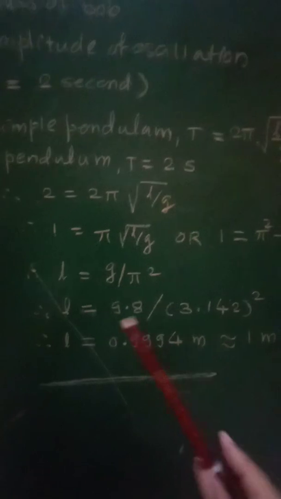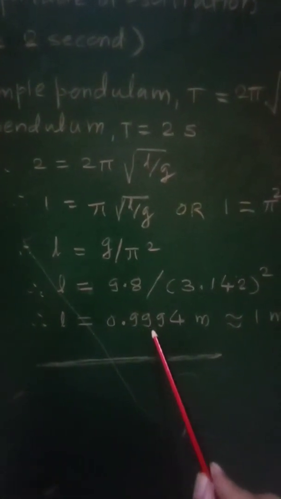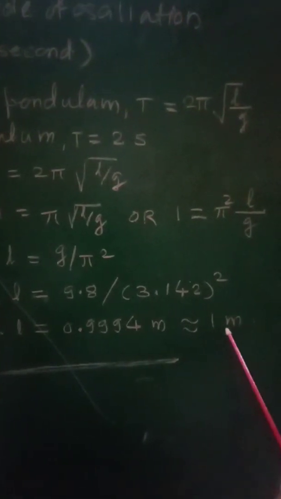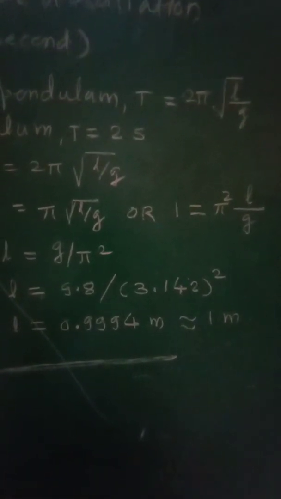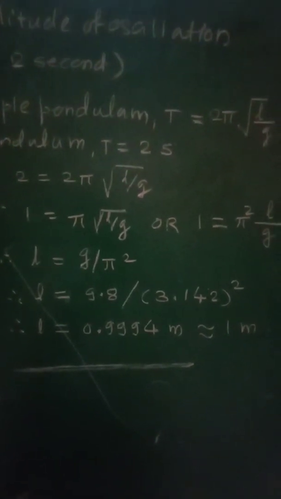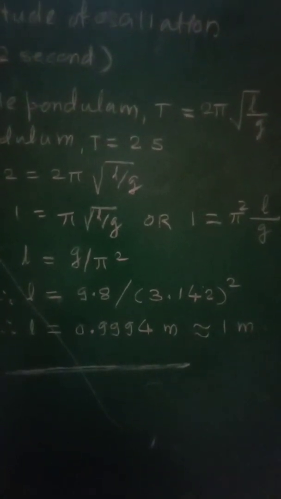If you calculate this, the length of the pendulum comes out to be L equals 0.9994 meter, which is approximately equal to 1 meter. Therefore we can say that for seconds pendulum, period is equal to 2 seconds and length is nearly 1 meter.